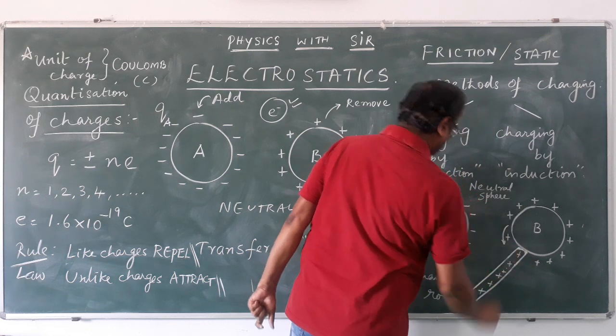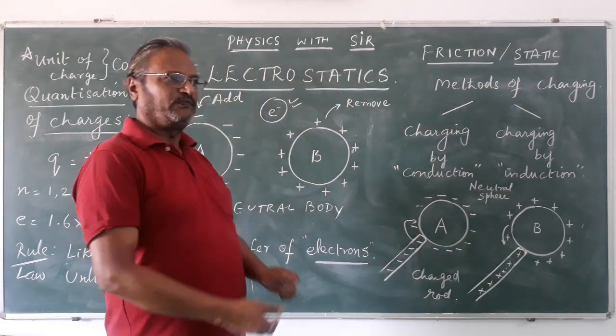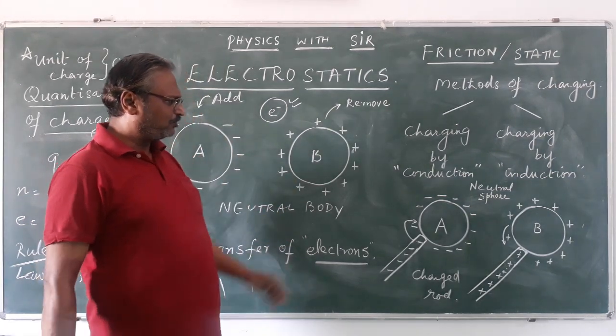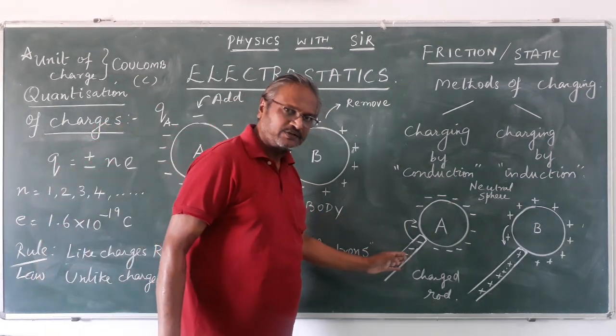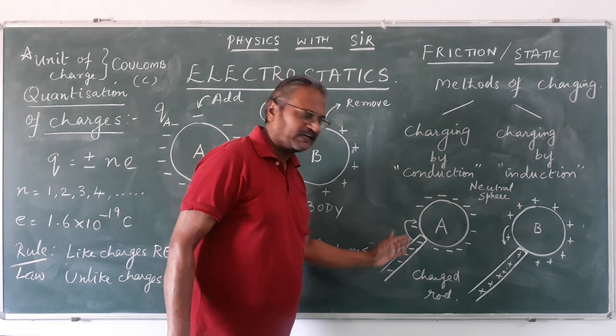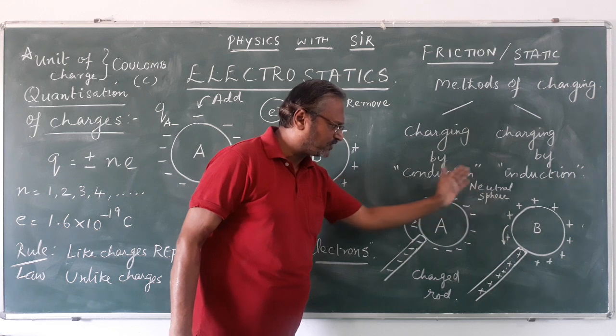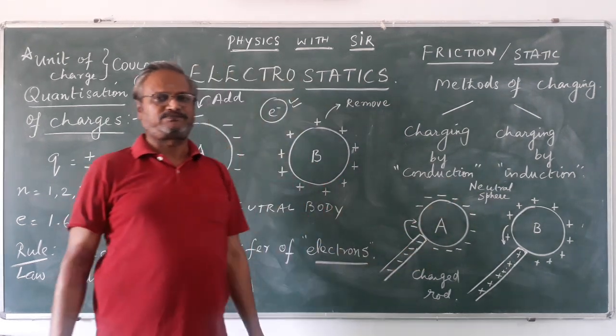So you find that in both cases, whether negatively or positively charging, in conduction, when you touch, the electrons either jump into the object or from the neutral object into the rod.